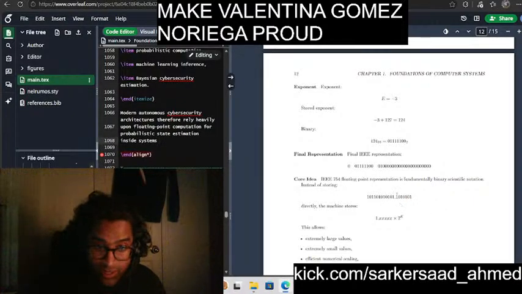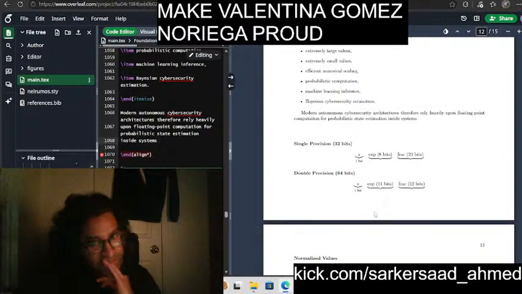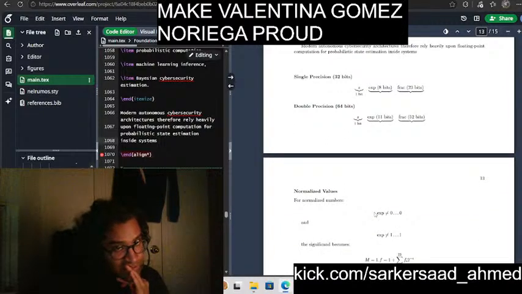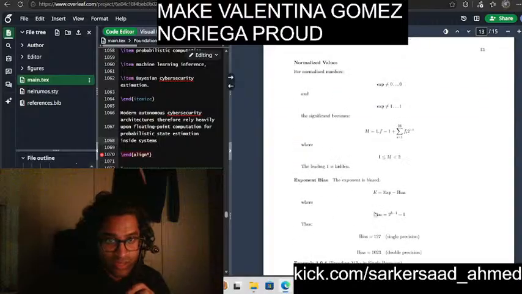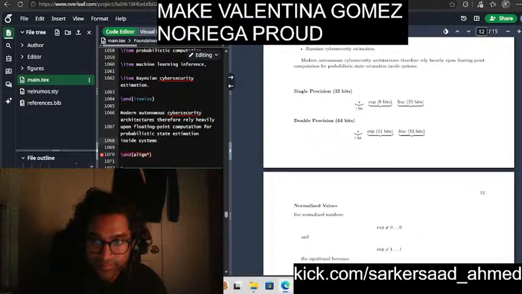So here it's going to be 1, 2, 3, 4, 5, 6, 7, 8, 9, 10, 11. So 1 point all those values multiplied by 2 to the power 11. And single precision and double precision. Yeah, I'm going to do that.